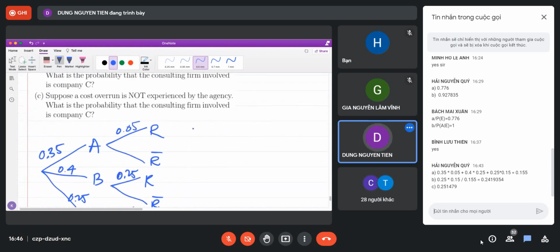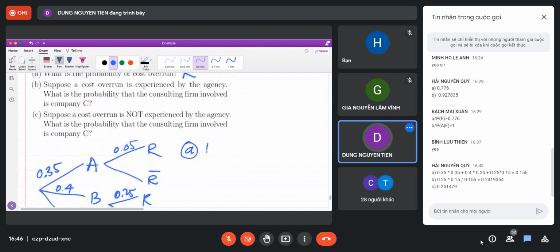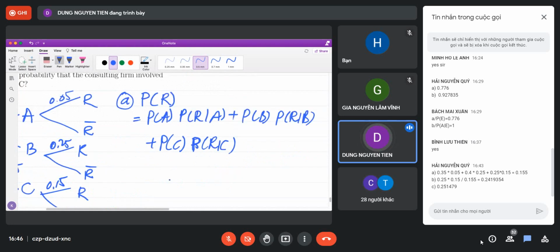So you can find question A. You can find the probability of cost overrun. What is that? That is the probability of A times the probability of R given A, plus the probability of B times the probability of R given B, plus the probability of C times the probability of R given C. Do you understand?